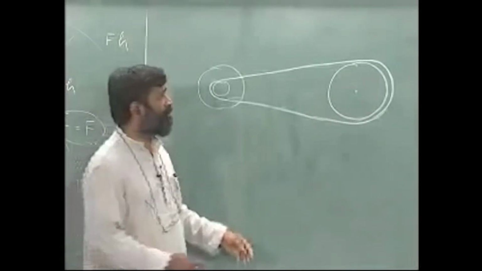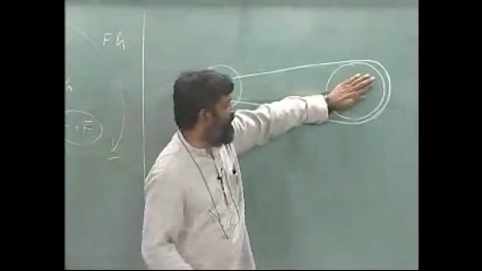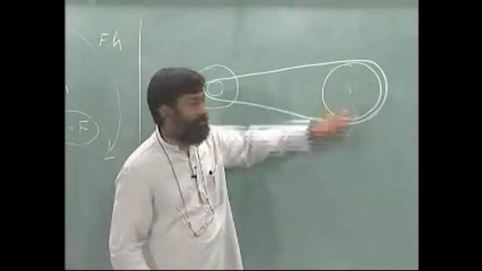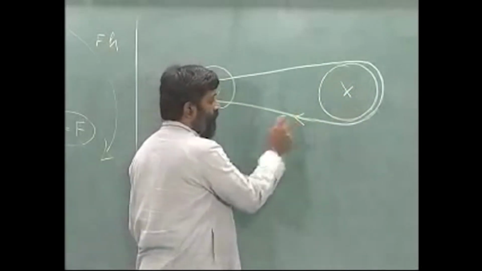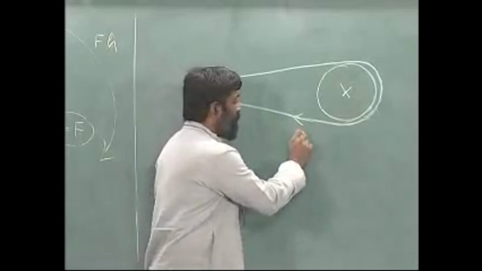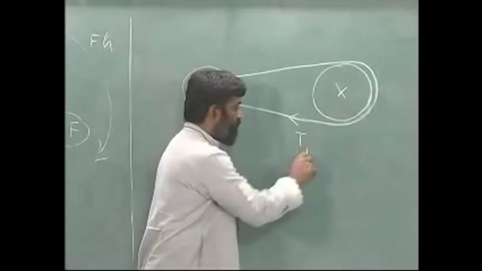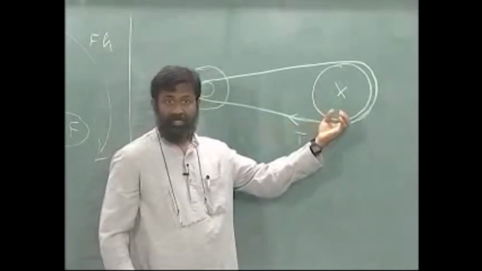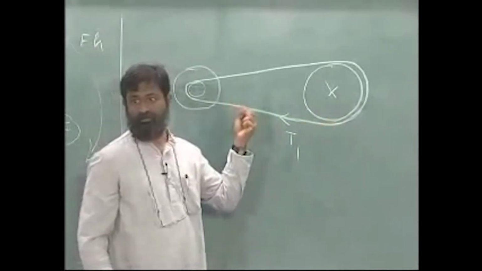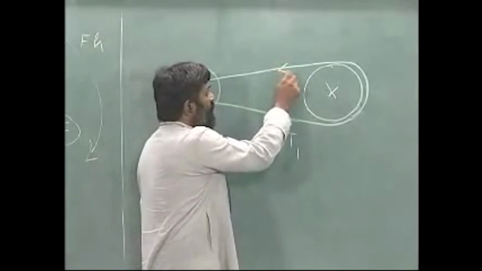The aim is to find out, supposing I fix this, okay. So, I fix this and I apply a force over here, tension over here, say T1, let us say it is in motion, okay. What is the tension in this?